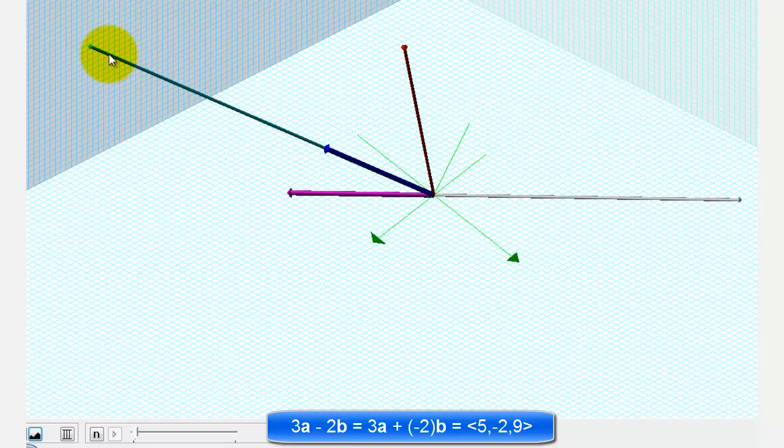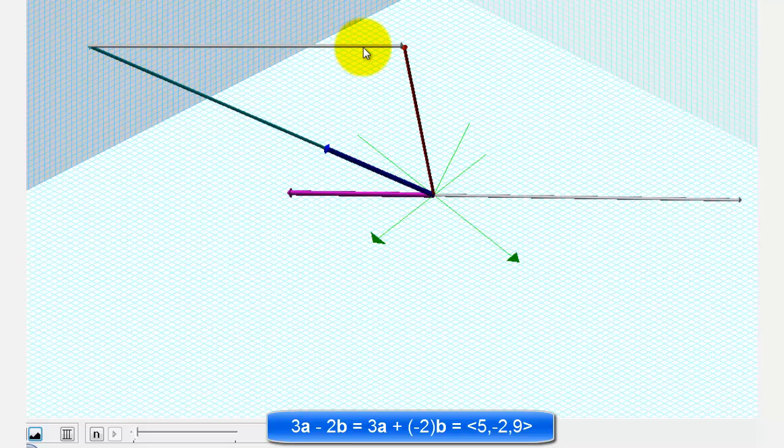So we want to find the sum of 3 times vector a plus negative 2 times vector b. One way to do this would be to take the initial point of negative 2 times vector b and place it at the terminal point of 3 times vector a. Let's go ahead and show that as well.